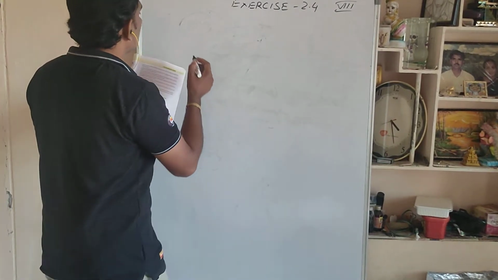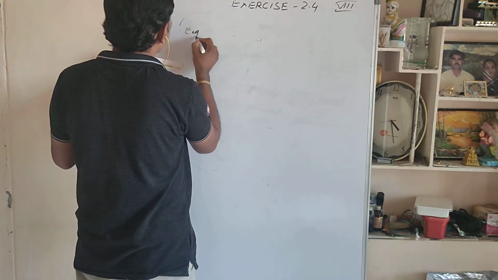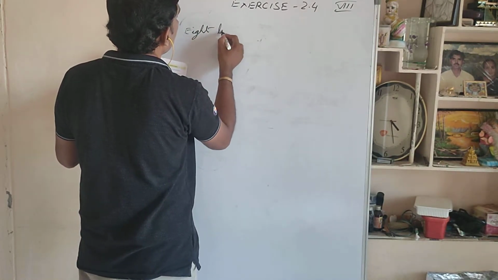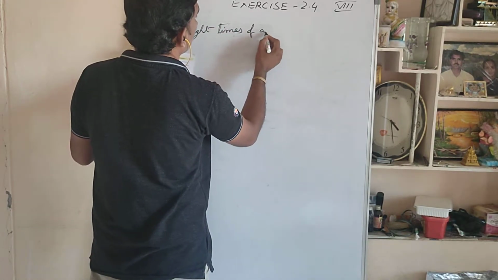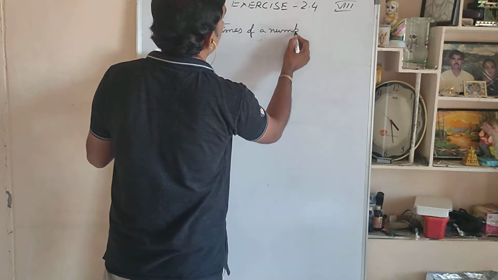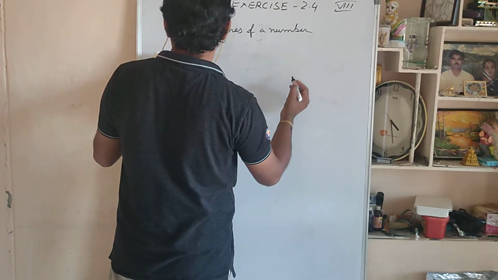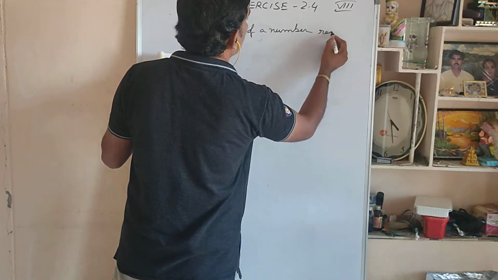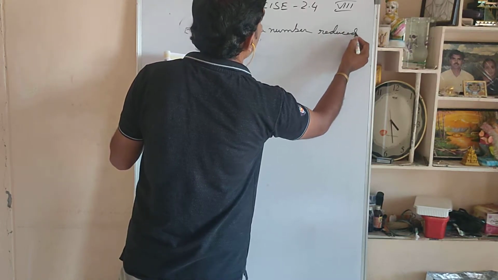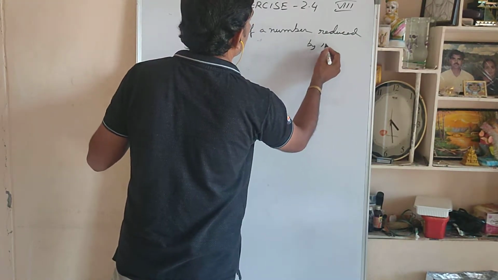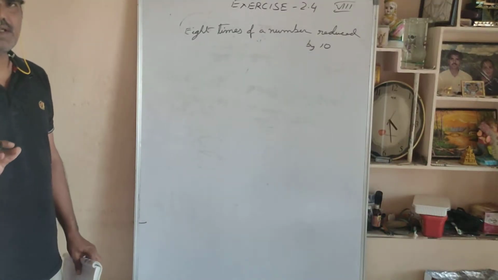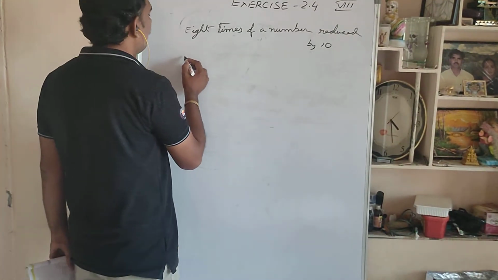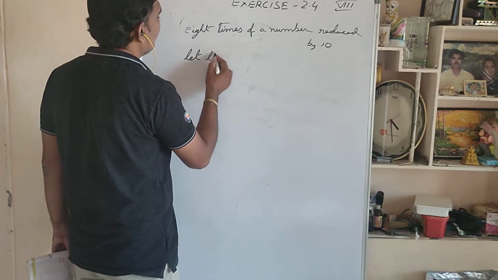So now see here, 8 times of a number reduced by 10. This is an English sentence. Now we don't know the number, so let the number be x.